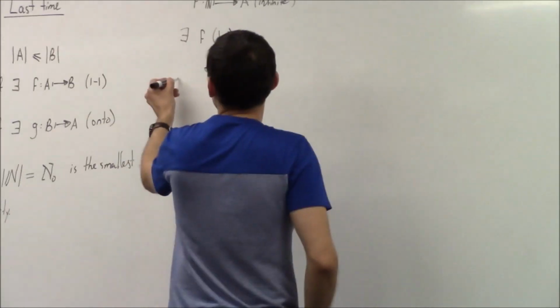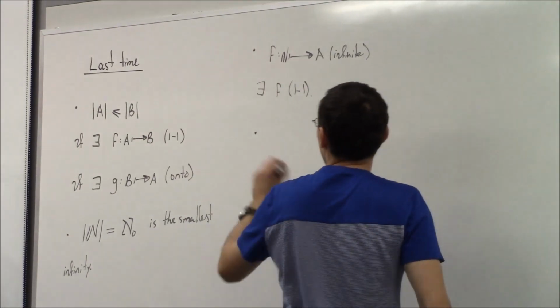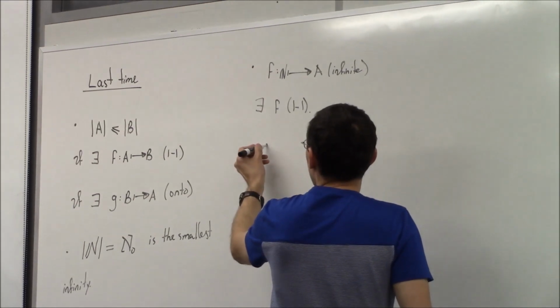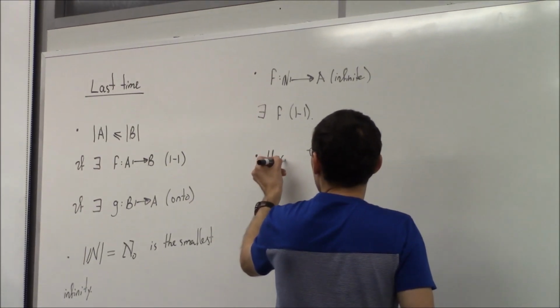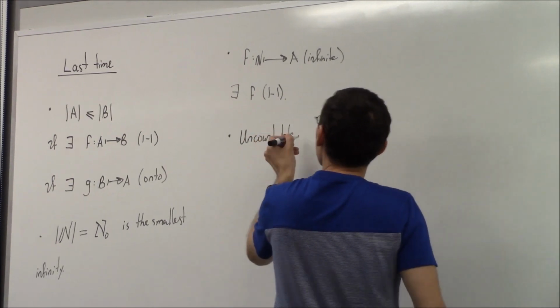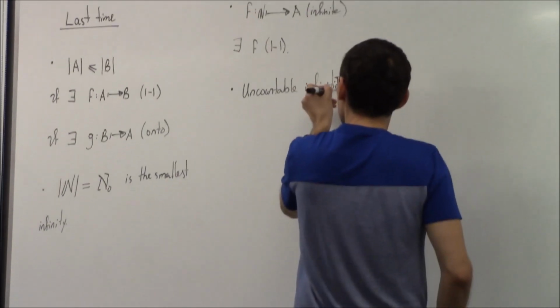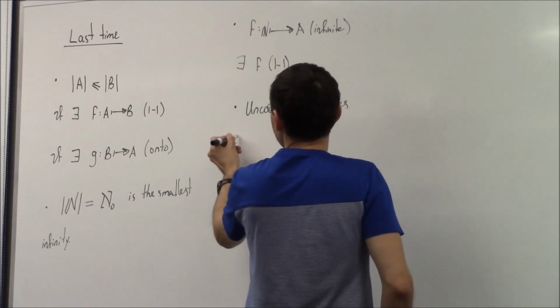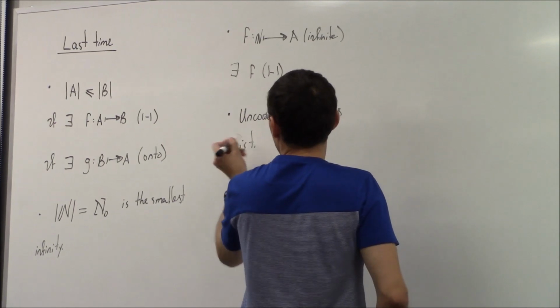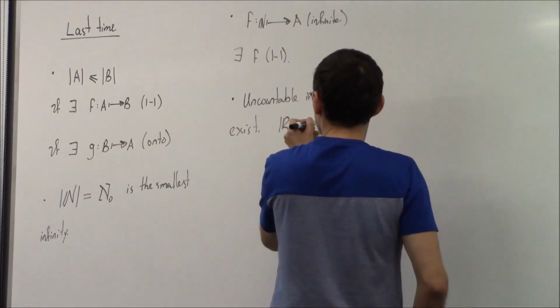Another thing we observed is that uncountable infinities exist. So for example, R is uncountable.